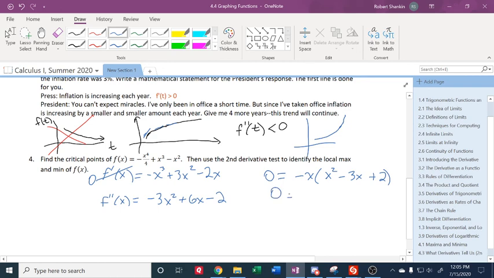And then that's x minus 2, x minus 1. So these are the critical points.